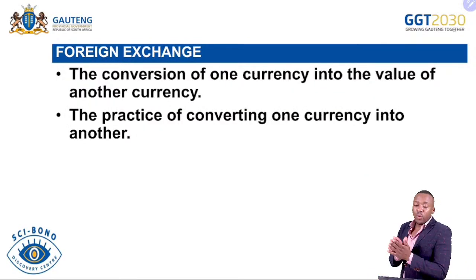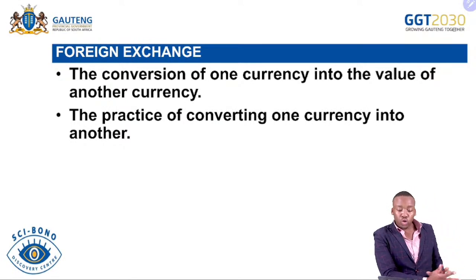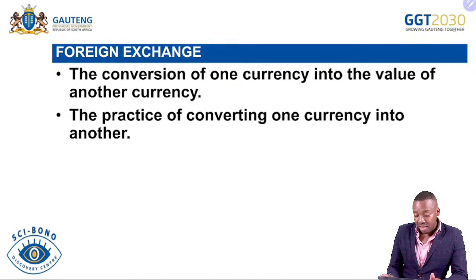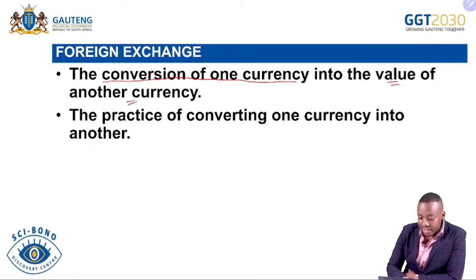Right. Then we have another concept known as foreign exchange. What do you mean when you are talking about foreign exchange? It is the conversion. Right here, obviously, we will need your skills from mathematical literacy and also your skills from pure maths, whereby you are doing currency conversions, right? So foreign exchange is the conversion of one currency into the value of another currency.